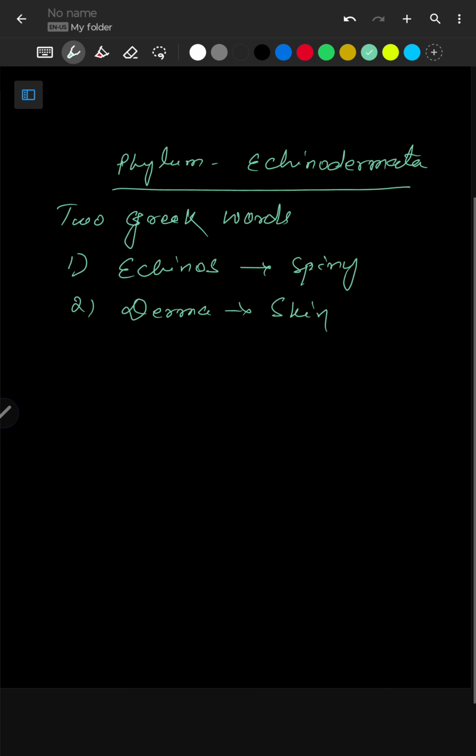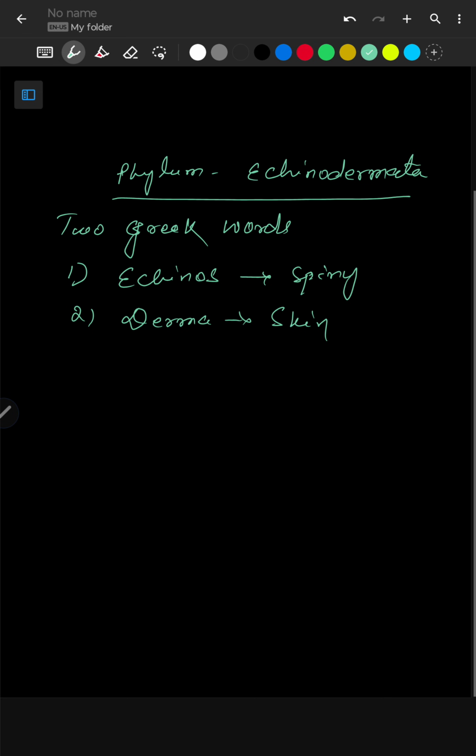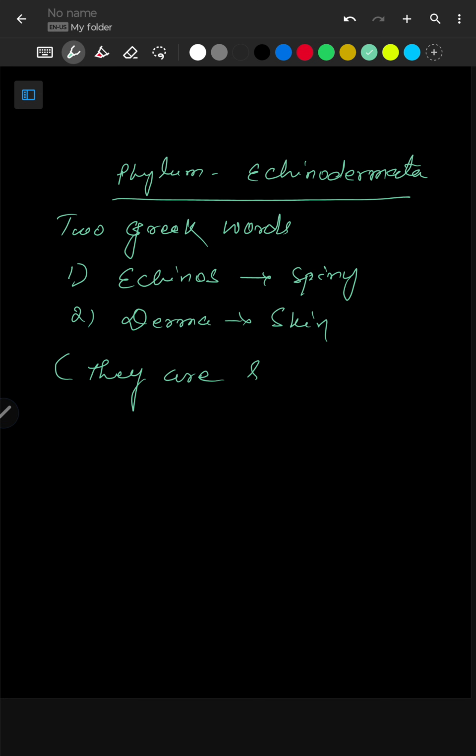Okay, so these are the organisms having spiny skin, so they are spiny bodied organisms.